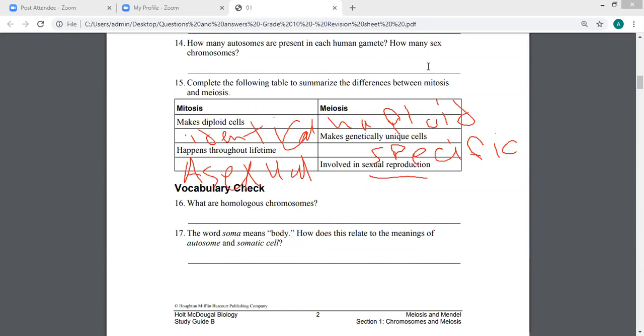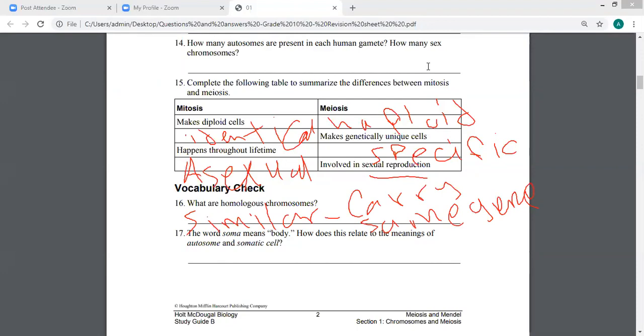So that is the meaning of homologous chromosomes. Again, they are similar, carry the same gene, and one from mother and the other one from father.